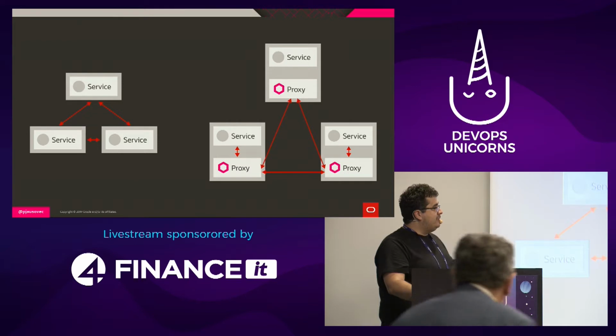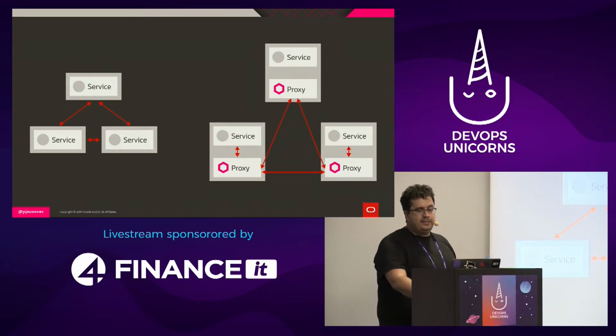I'll specifically talk about Istio Service Mesh, and Istio uses this sidecar proxy model of deployment. There's a different proxy model of deployment as well, where you have a single instance of a proxy per node. If you have a cluster of 10 nodes, you would have one instance of the proxy on each node, and then services would talk through that proxy.